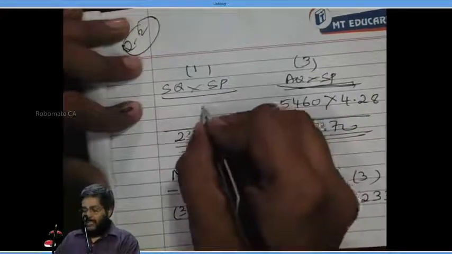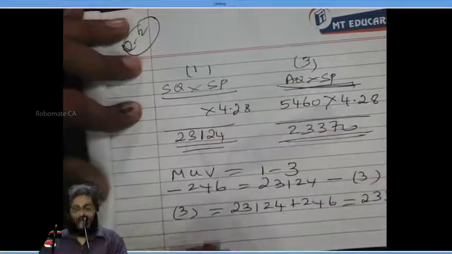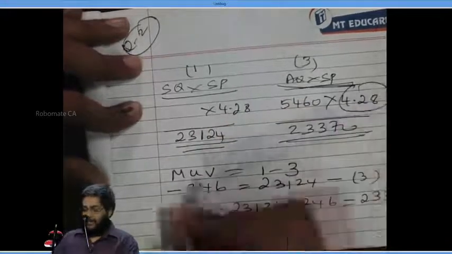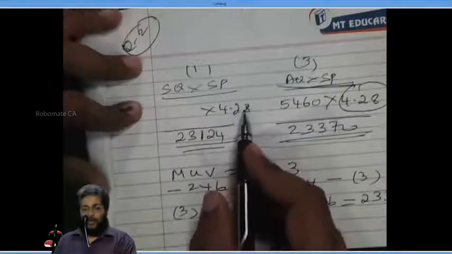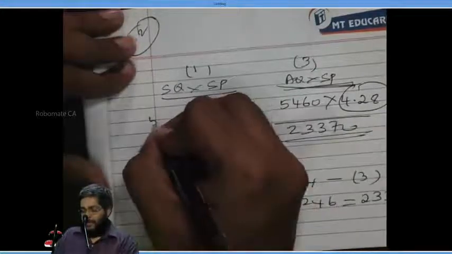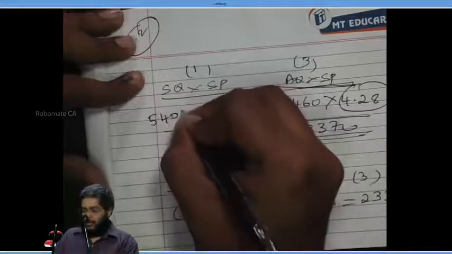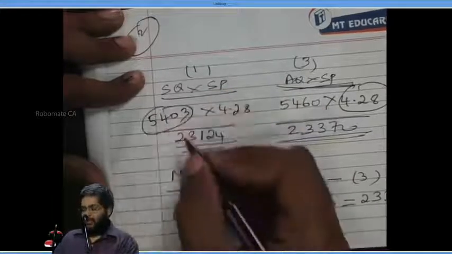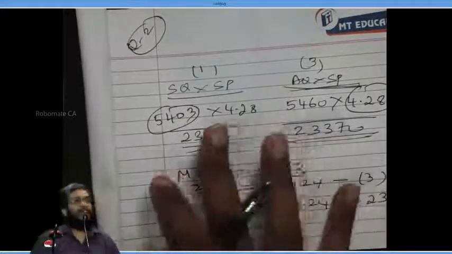I now know the standard price as 4.28. Everybody understanding it or not? Now, with standard price 4.28, what should be the standard quantity? 23,124 divided by 4.28 is 5,403. So 5,403 kgs is the standard quantity.